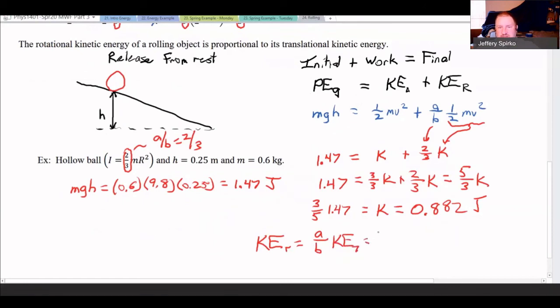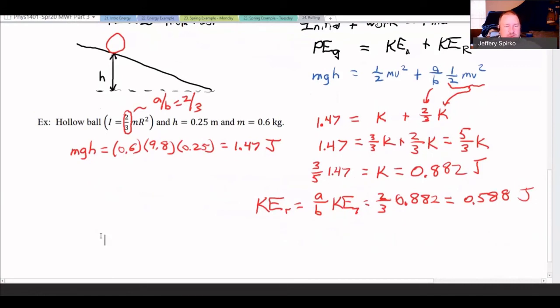And in this case, it is 2/3 times 0.882, and that times that is 0.588 joules. And note 0.882 plus 0.588 is equal to 1.47 joules, as required.